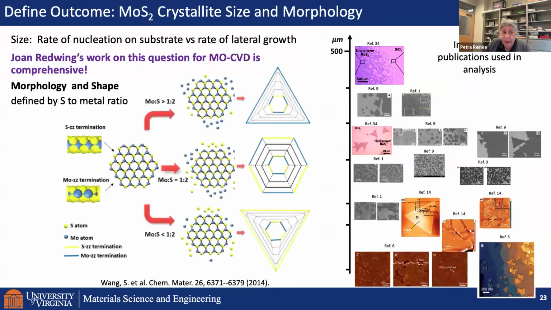So the same is valid if you look at images of your TMDs. Everybody has an image, but the question is sometimes it's a very large scale image, sometimes it's a very small scale image.